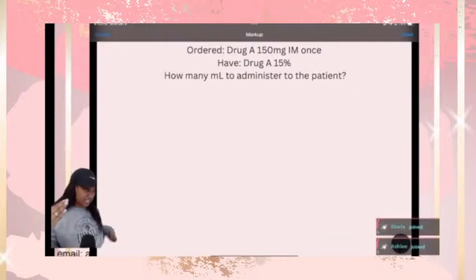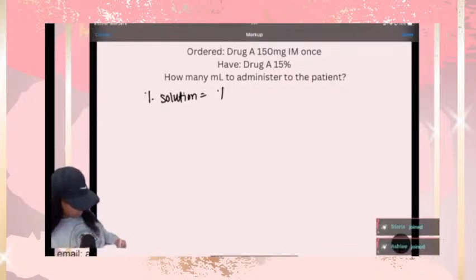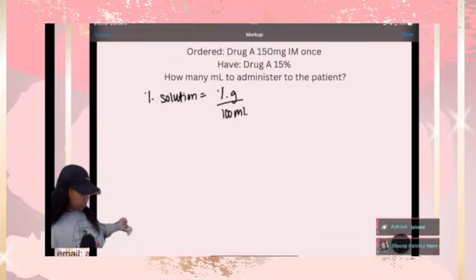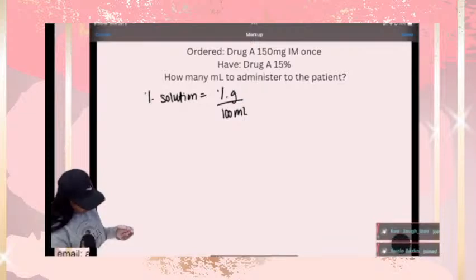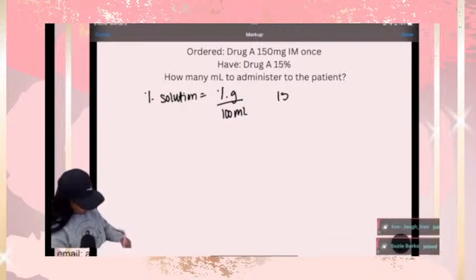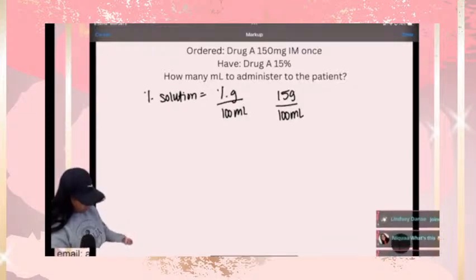A percent solution is going to be the percent in grams per 100 mLs. So here we go. You have drug A, which is going to be 15 grams per 100 mLs.